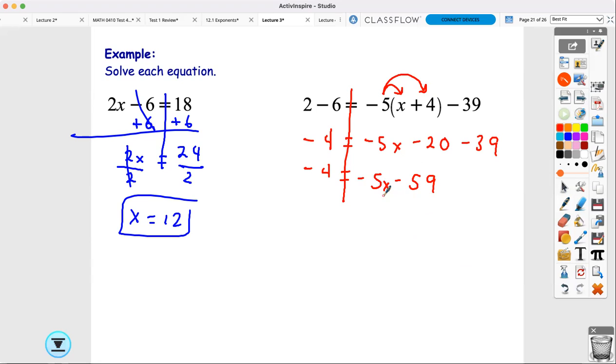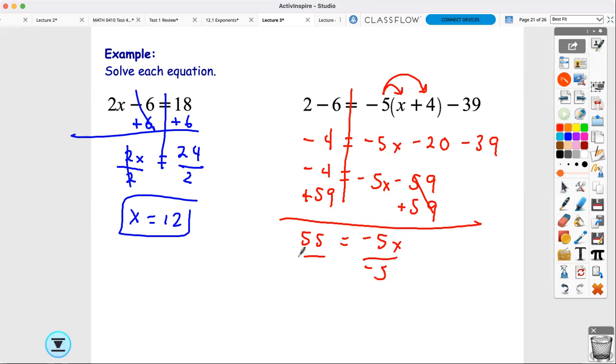Now we want to get x by itself. So I'm gonna go ahead and add the 59 on both sides. So then I get 55 equals -5x. Divide both sides by -5. So I get -11 equals x, or x is equal to -11. And we're done.